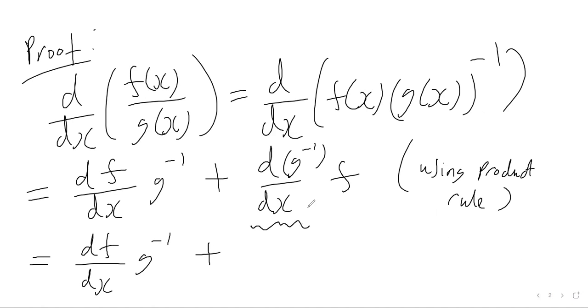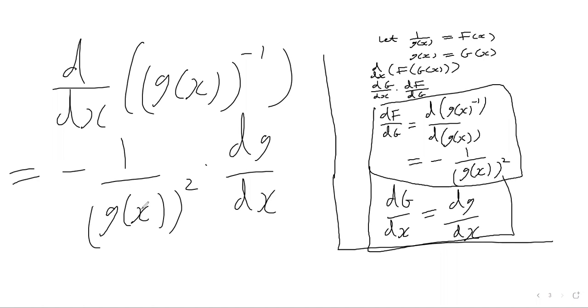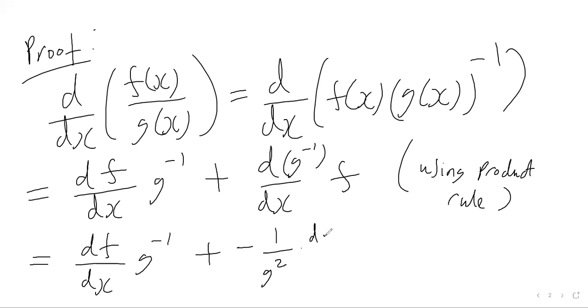We've just worked that out, and it was 1 over g squared. I'm just calling g of x just g to make it all more simple. And then we're multiplying this by dg by dx, and we're multiplying this by the function f.